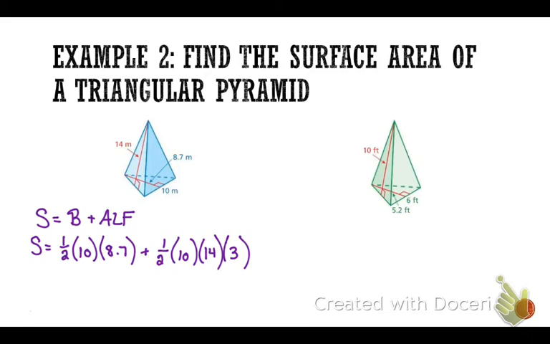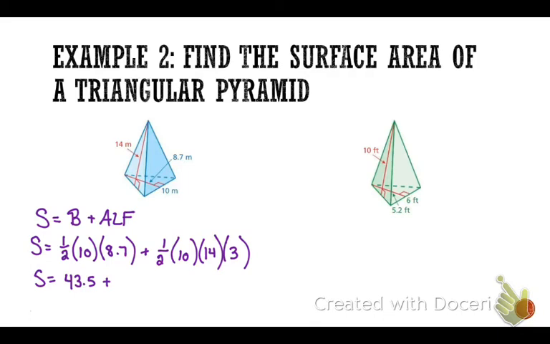All right. So, S equals, what's half of 10? 5. What's 5 times 8.7? Okay. 43.5 plus, now half of 10 again is 5 times 14 times 3.